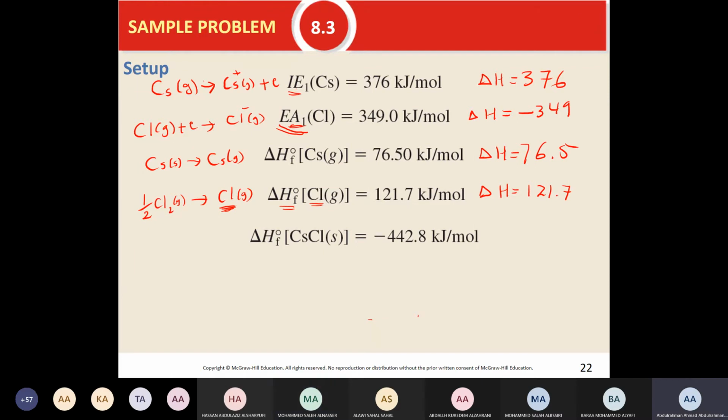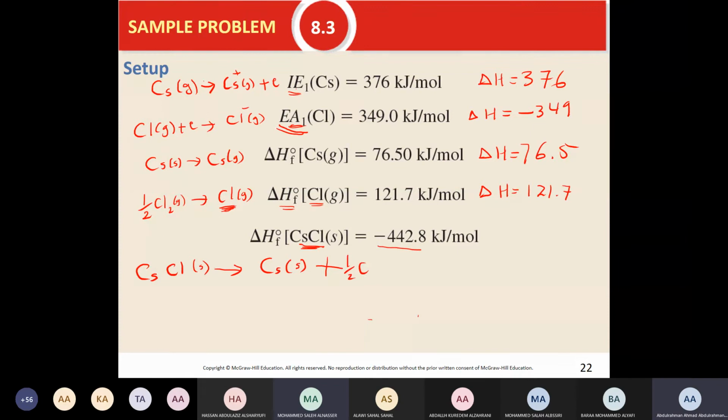Last one. It's the heat of formation of CsCl. This is the heat of formation of CsCl, but I'm going to reverse it. I will write CsCl solid goes to Cs solid plus half Cl2 gas.